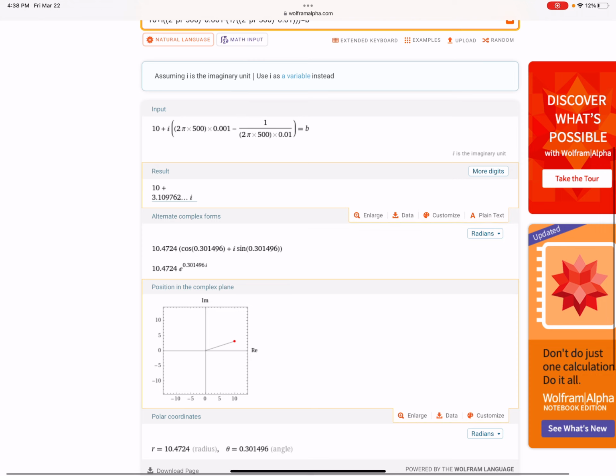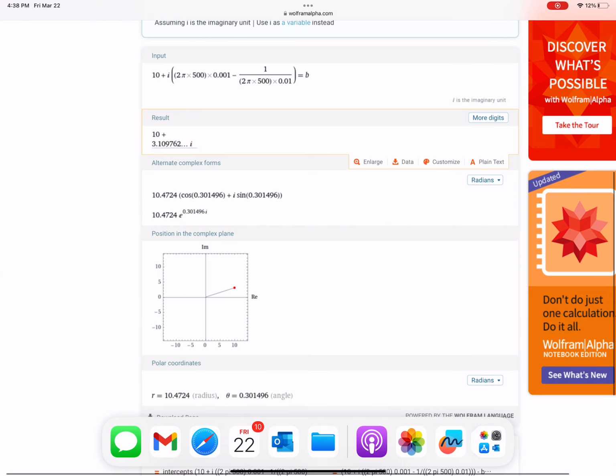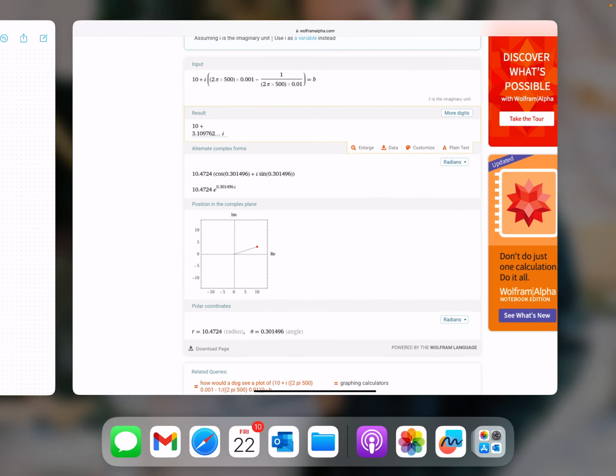Okay, and I don't have a laser pointer here, so you can't, but you can see my imaginary real plane plot. There's the vector on the imaginary real plane. Here's these values. So in here, this is A, and that's phi. So if I come back, A here is 10.472.